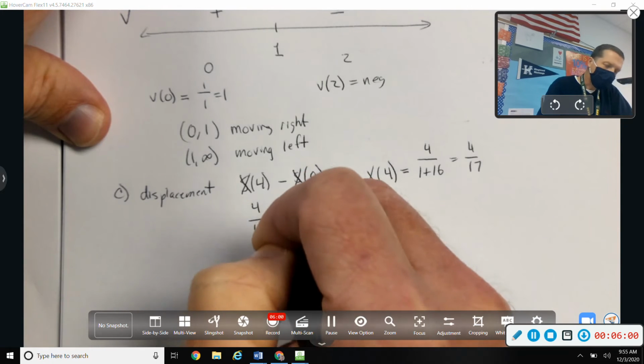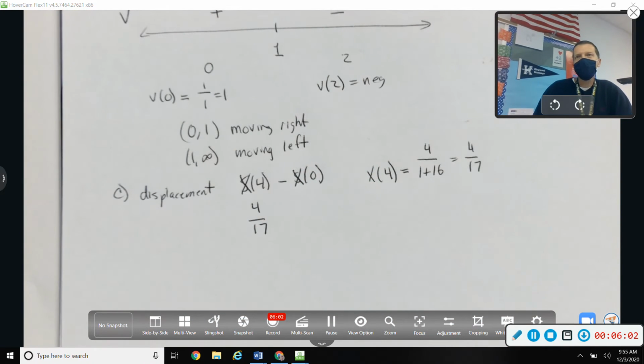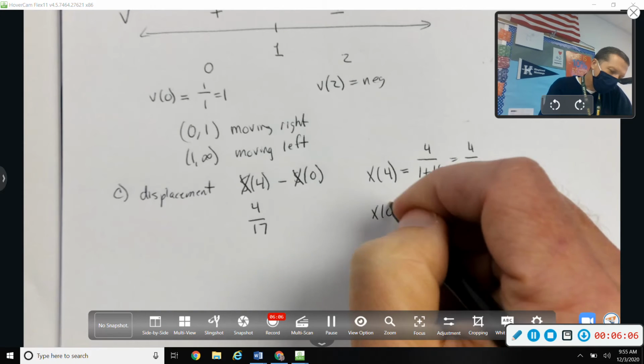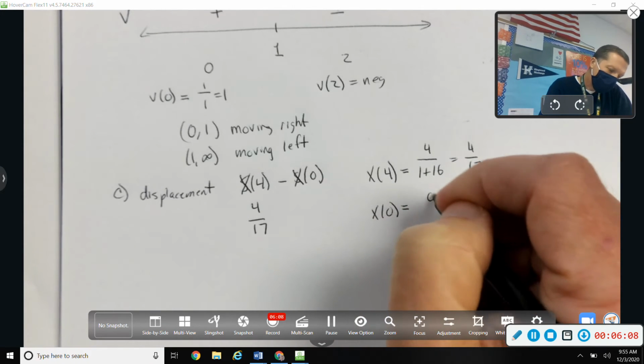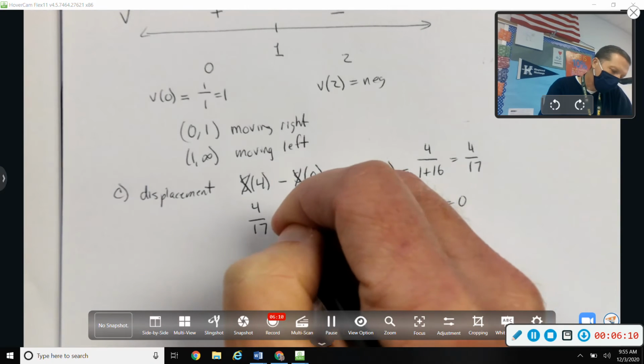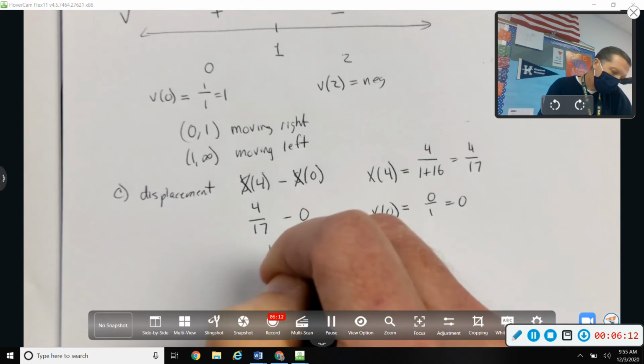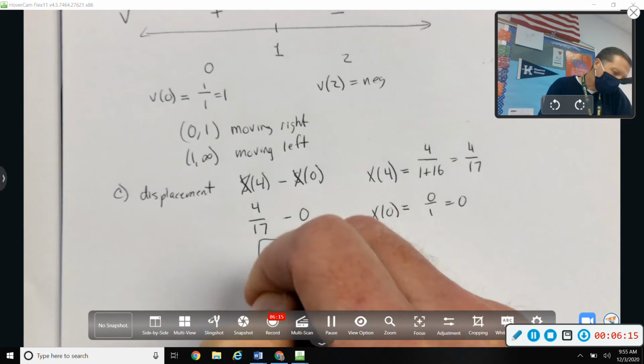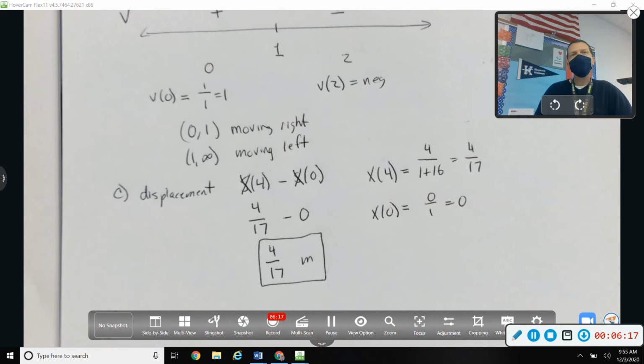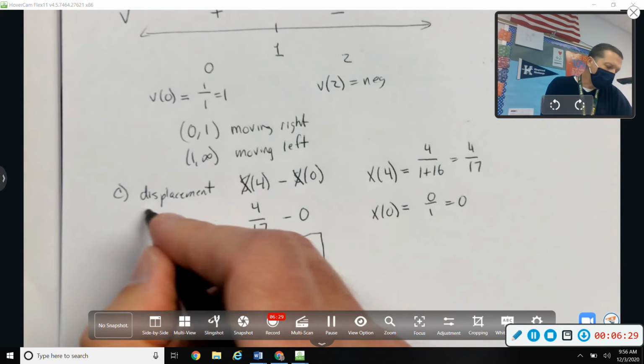So when t is 4, we're at 4/17. When t is 0, we're at 0. So the displacement is 4/17, or 4/17 to the right of where we started. I don't really know how much back and forth went on. We may have traveled more than 4/17, but 4/17 is the displacement.